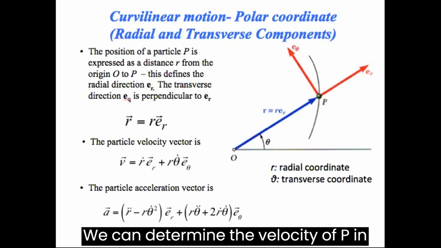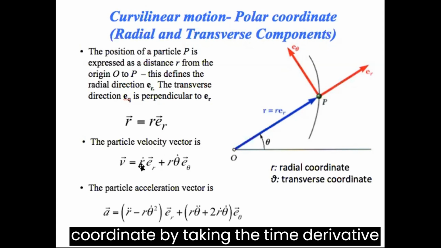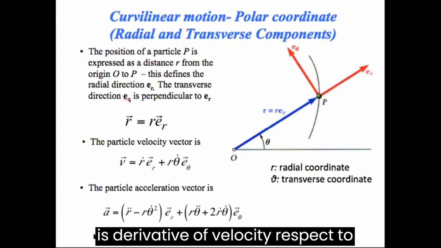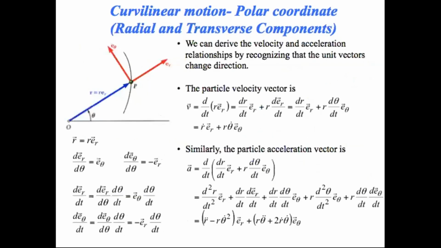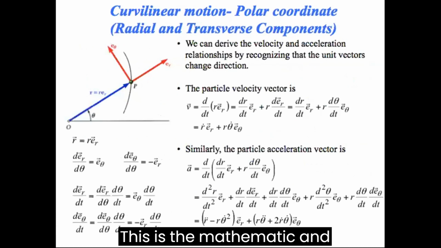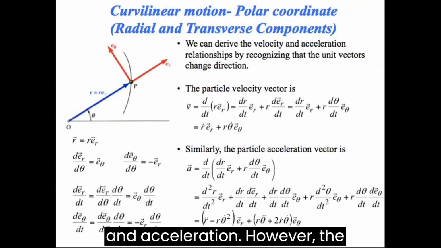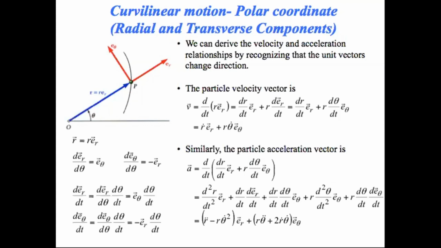We can determine the velocity of P in terms of polar coordinates by taking the time derivative of r e_r, and acceleration is the derivative of velocity with respect to time. This is the mathematical derivation procedure for velocity and acceleration. However, the conclusion is important.